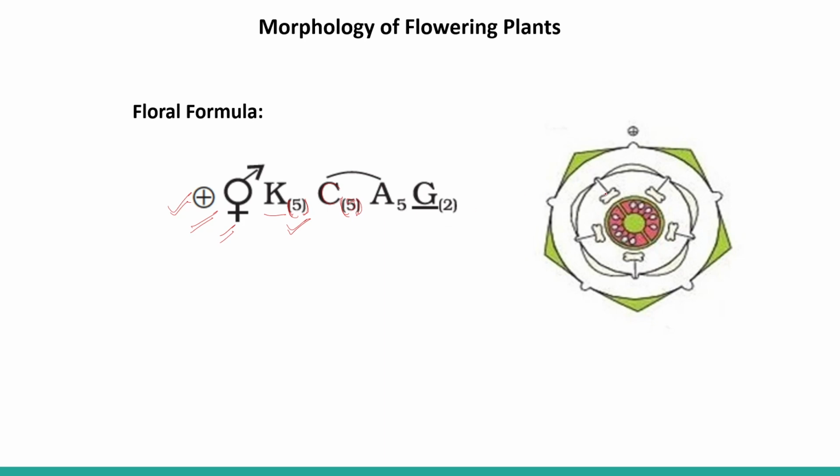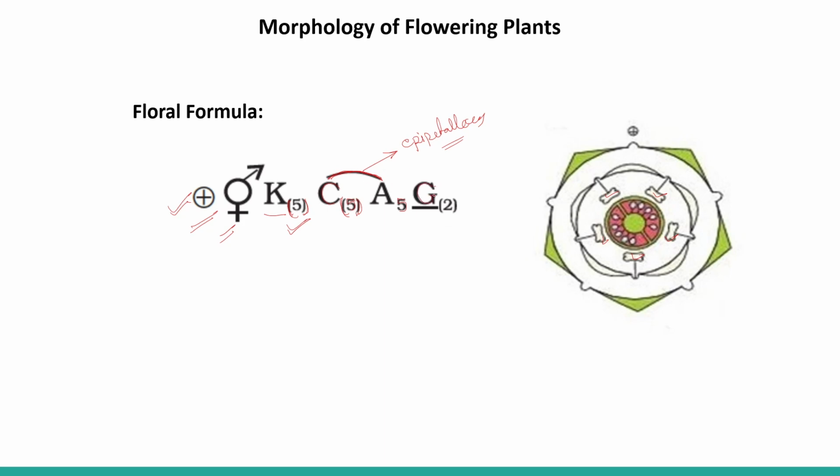Androecium, their number is 5: 1, 2, 3, 4, 5. So we will write 5. But very important, this line shows that it is epipetalous. Epipetalous condition means the androecium is attached to the petals.